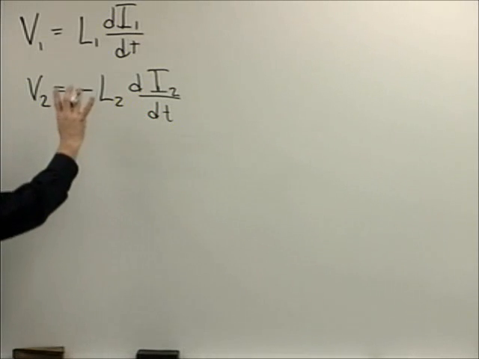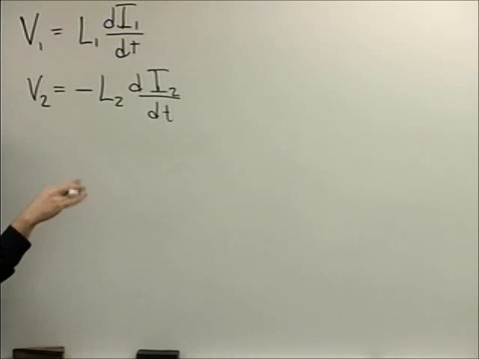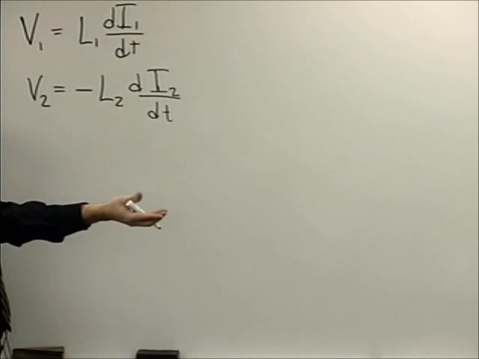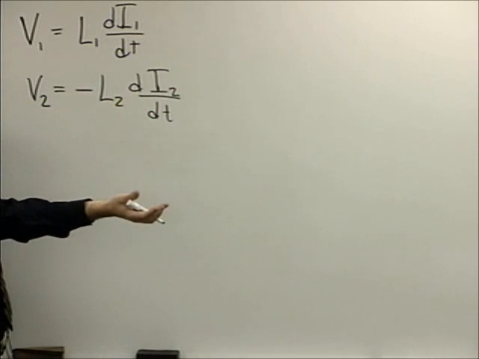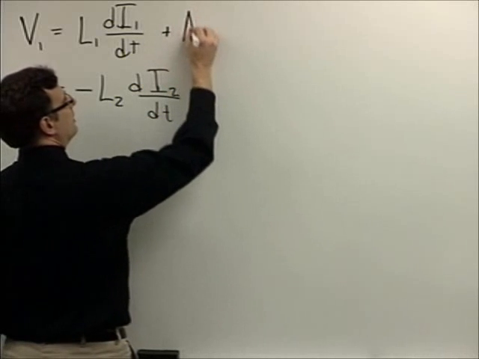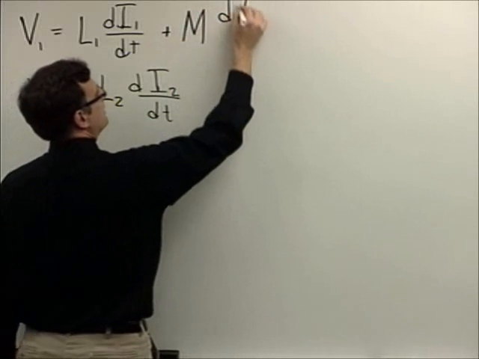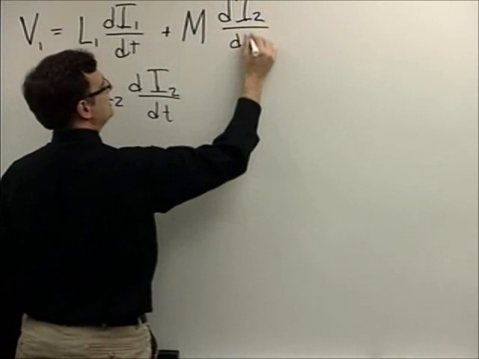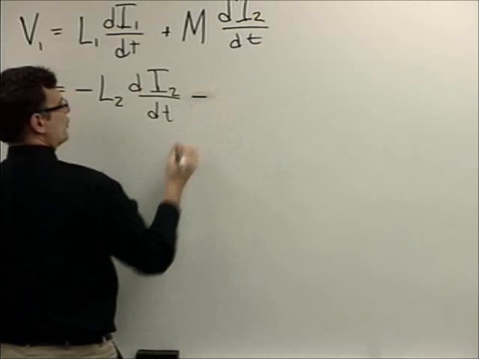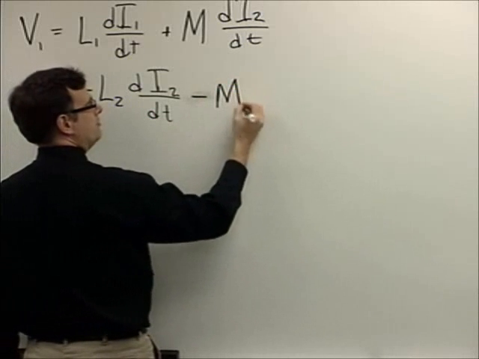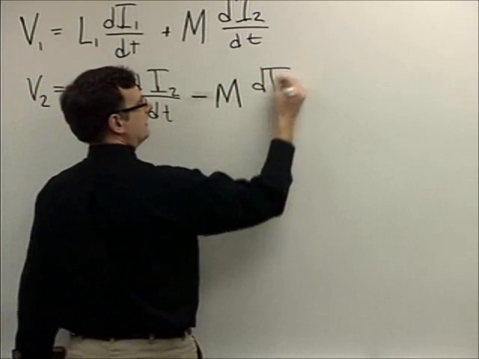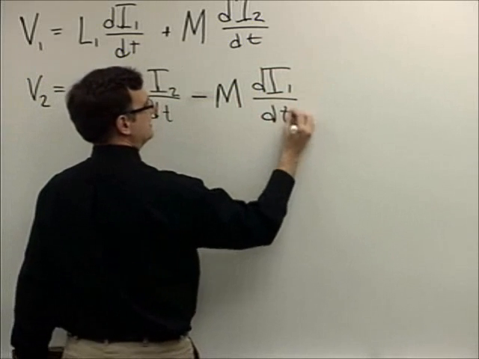Now, of course, this is the self-inductance. By Faraday's law, if the current in coil 2 is changing, it will induce a change in the first coil. And that's, of course, a very similar law. Mutual inductance times di2/dt. And based on the polarity we've chosen for current here, again, I have mutual inductance on the second voltage times di1/dt.